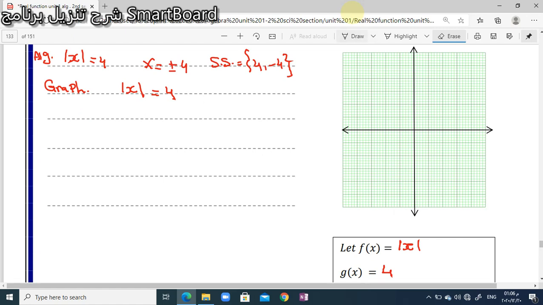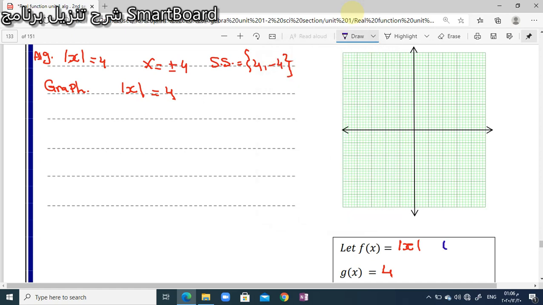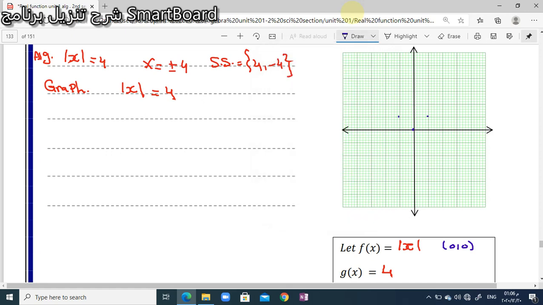The vertex is 0, 0. This is the vertex, and move one to the right and one up, and move one to the left and up one, and draw the absolute value function.